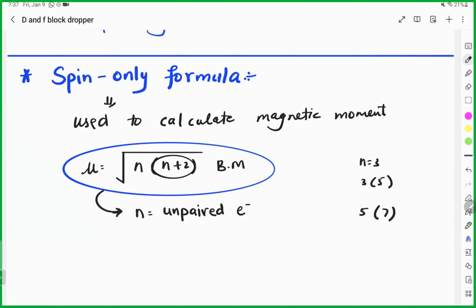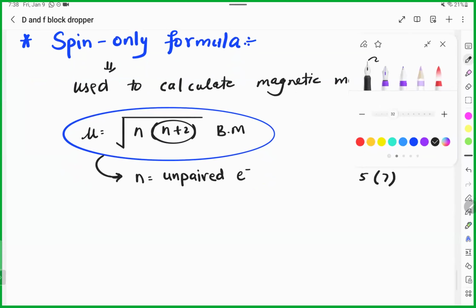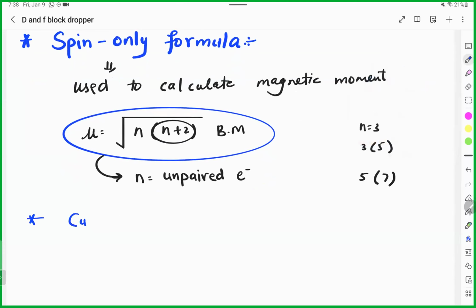Samarth, are you there? Yes, sir, I'm there. So tell me why copper has positive electrode potential. Electrode potential is decided by three factors.